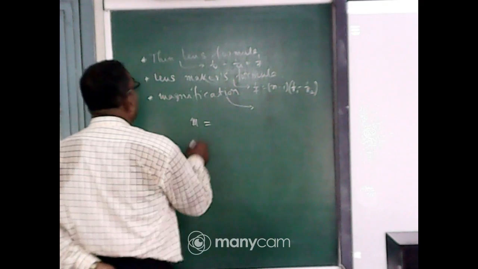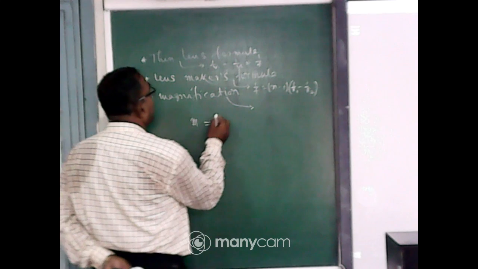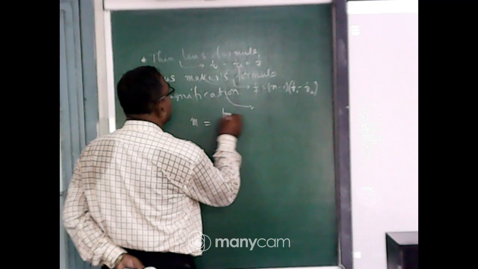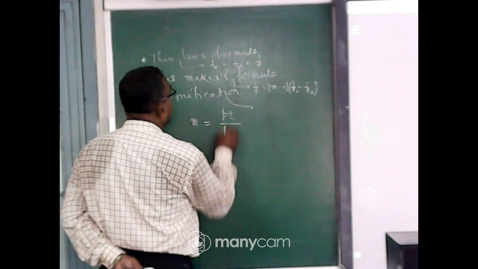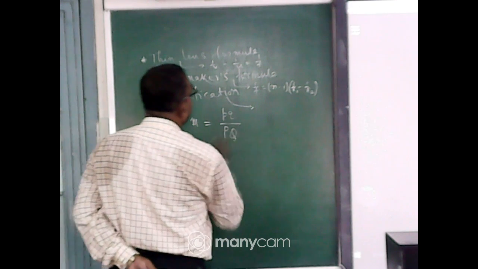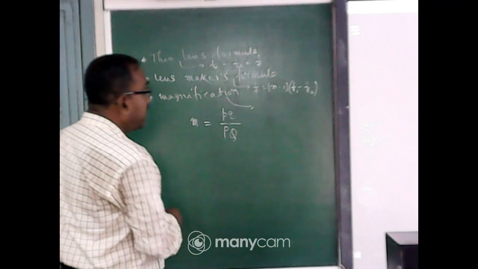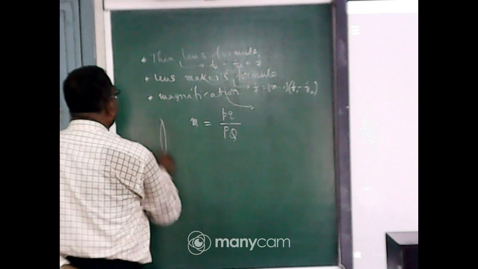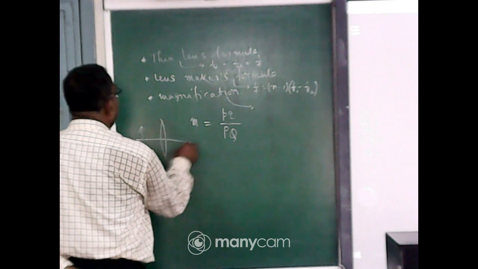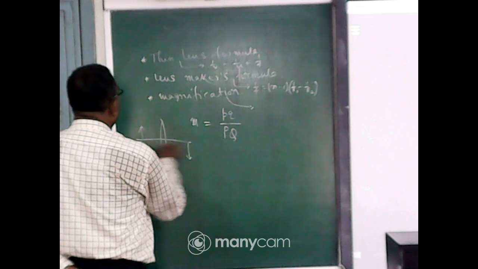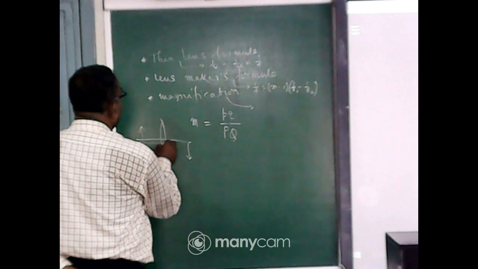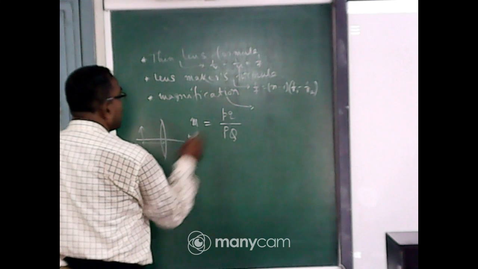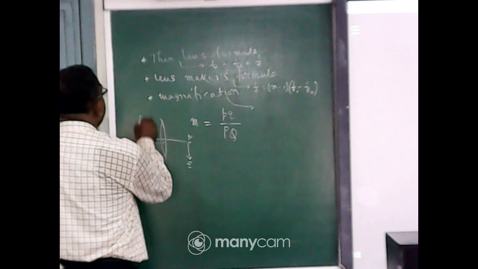Okay, M equal to the ratio of the height of the image by height of the object. You know the diagram, PQ by PQ. What is the relation between them? You check here again, this is the PQ and that is the PQ.